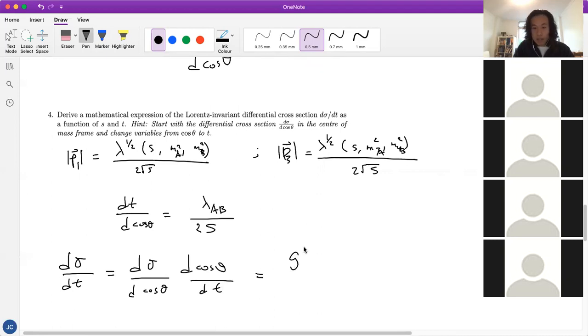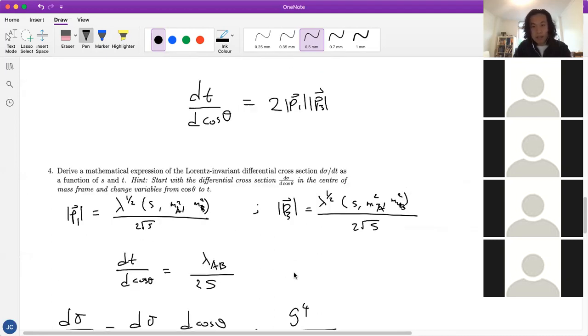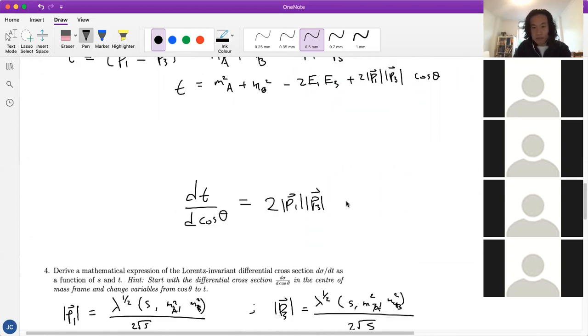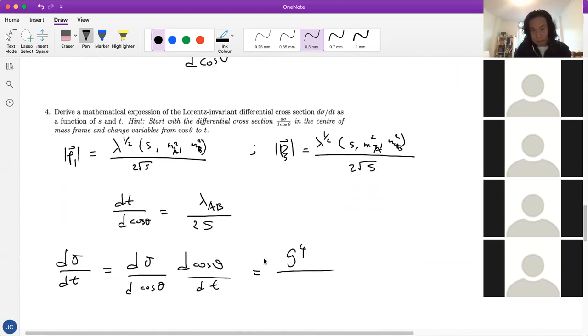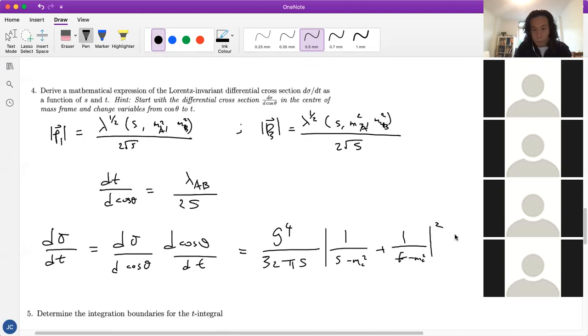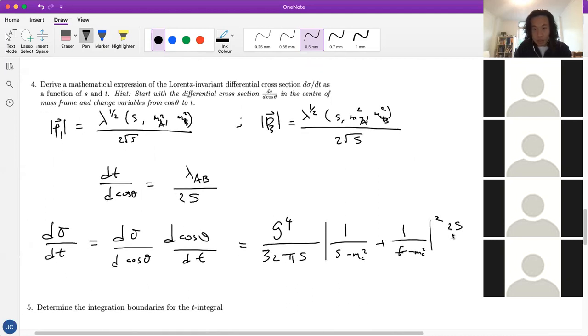Okay, so we had g to the power 4, and then I already forgot what the factor was, 32 pi s and all this stuff at the back, and then 1 over s minus mc squared plus 1 over t minus mc squared. And then you get a 2s divided by lambda AB from the d cos theta dt.